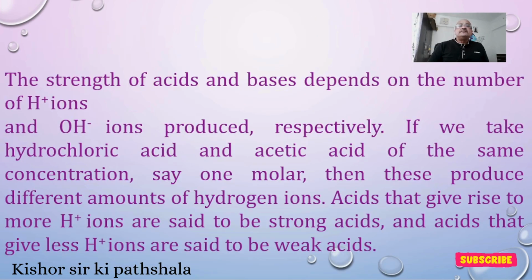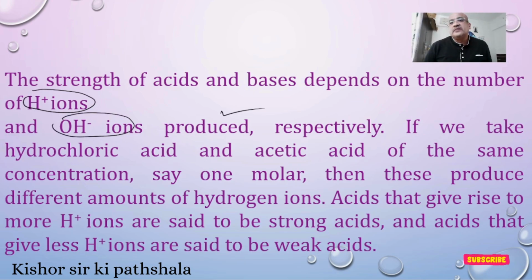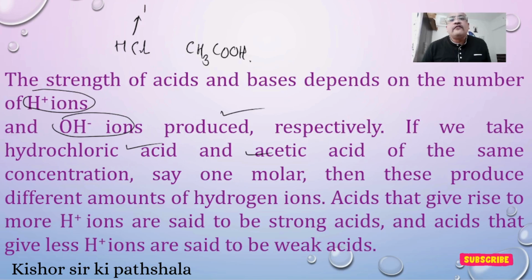Now let's see that the strength of acids and bases depends on the number of H plus ions and OH minus ions produced by the substance respectively. If we take hydrochloric acid and acetic acid, both are acids, but they produce different amounts of hydrogen ions.